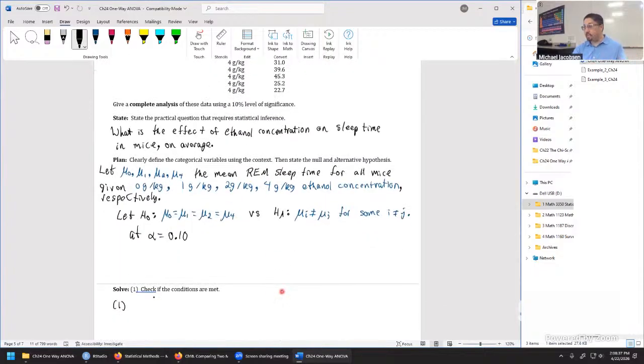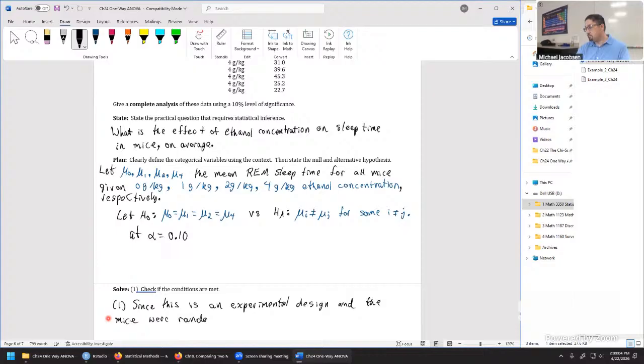So we could say here, just briefly, since this is an experimental design, and the rats, or these are mice, they said specifically, and the mice were randomly assigned to the treatments.